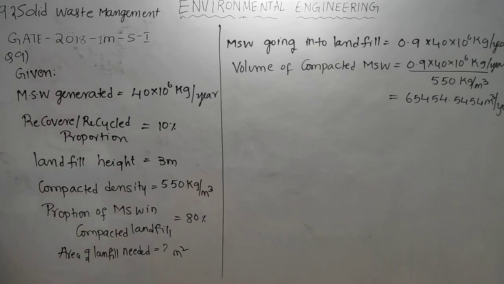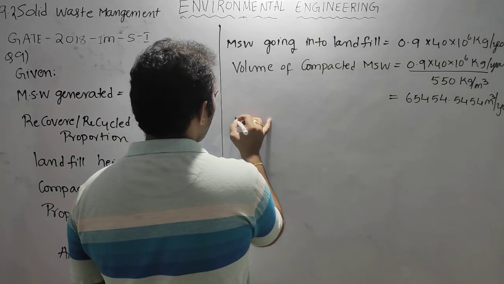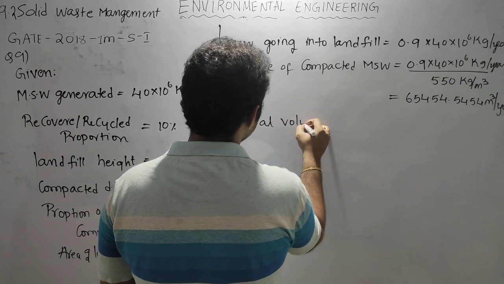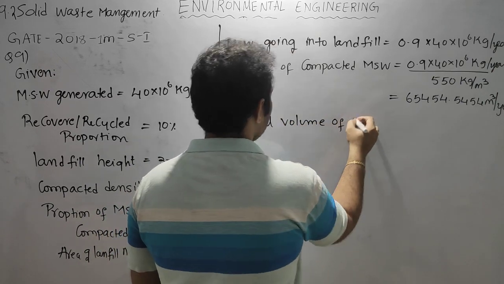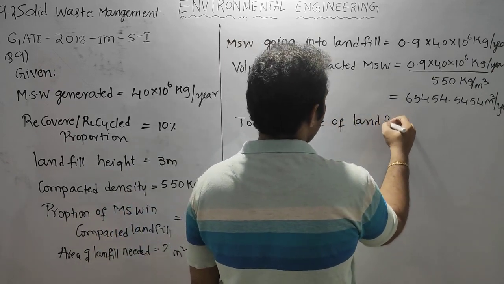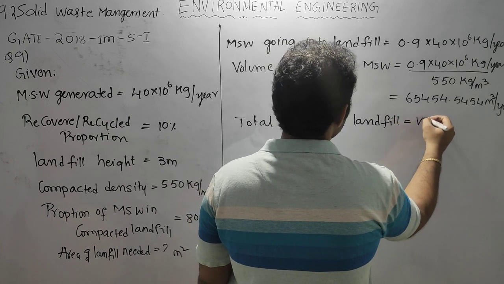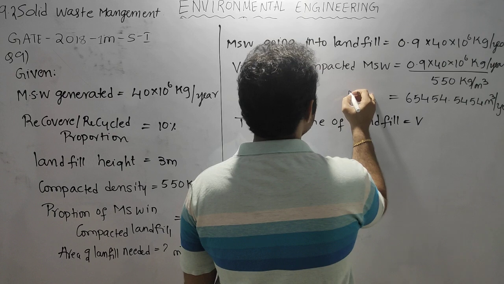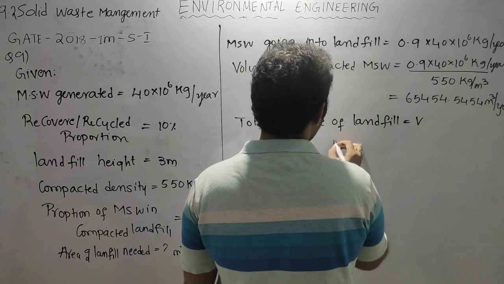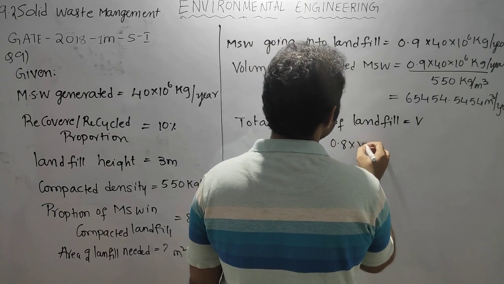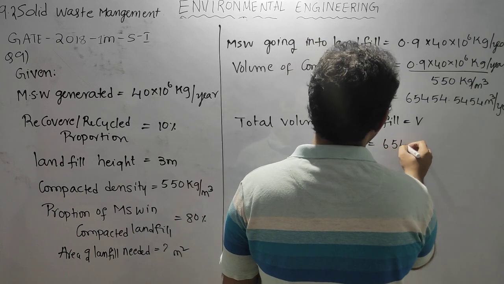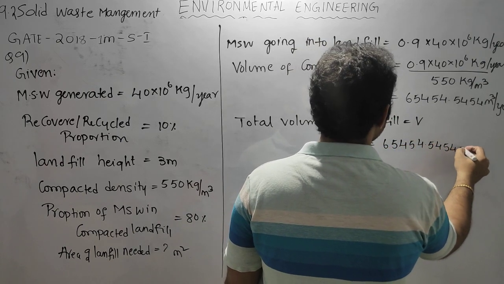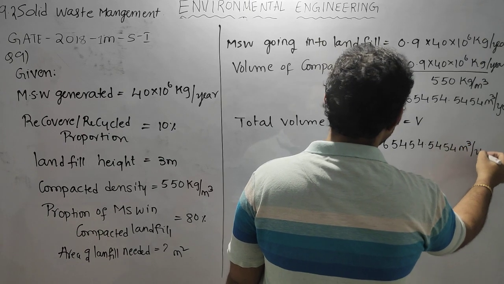So here for the total volume, if the total volume of a landfill is taken as V, this is 80% of the V. So 0.8 into V is equal to 65454.5454 meter cube per year.